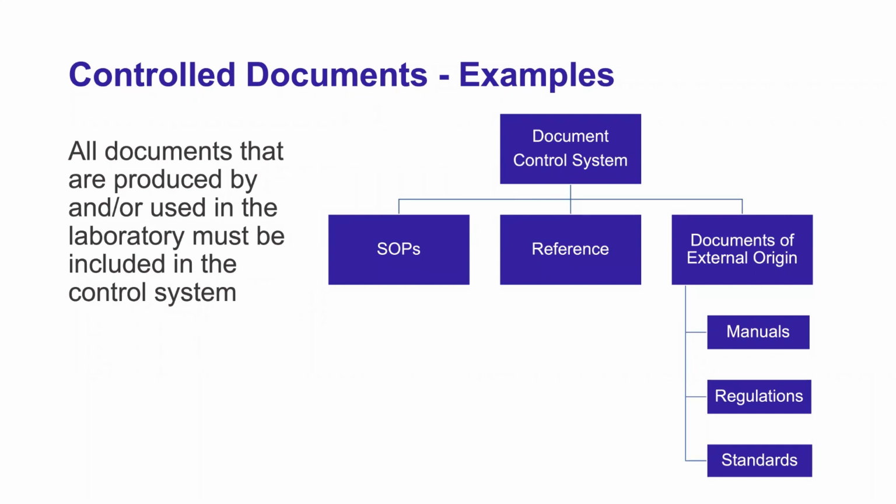And then documents of external origin, and these are equipment manuals, manufacturer inserts, any regulations or standards that the laboratory uses. Those are all known as documents of external origin, and all three of these need to be controlled by the document control system.